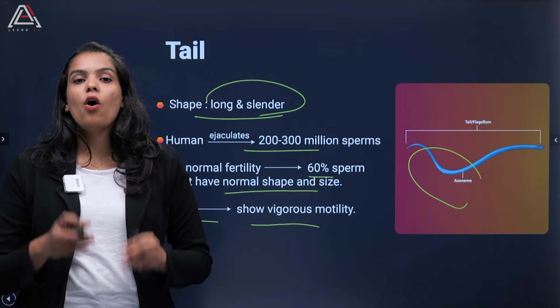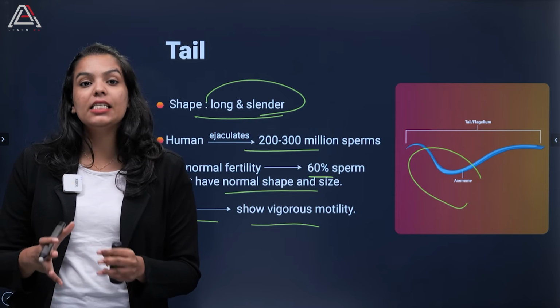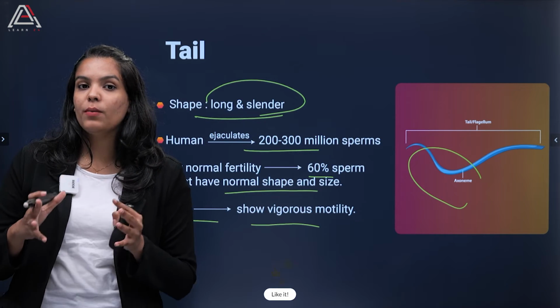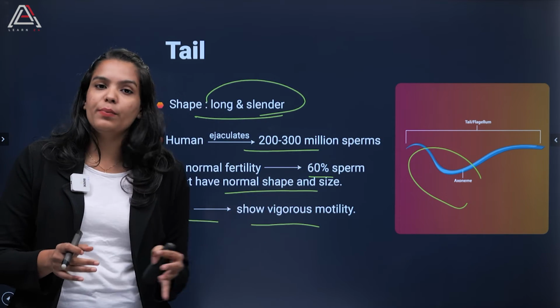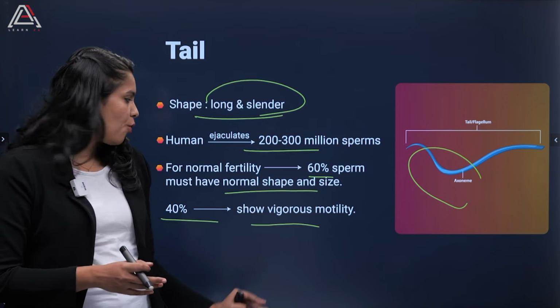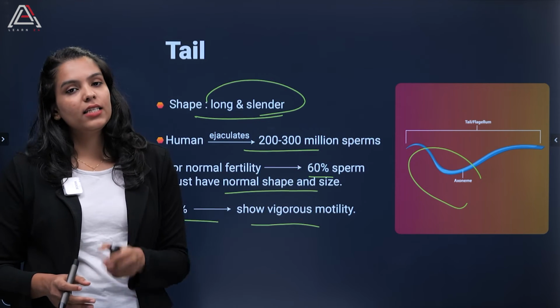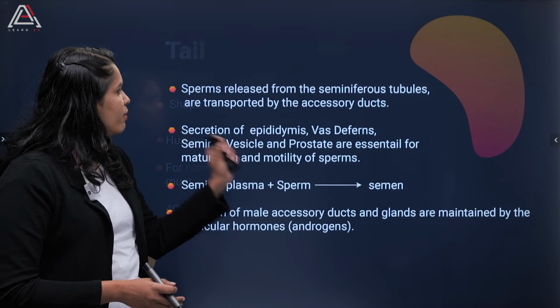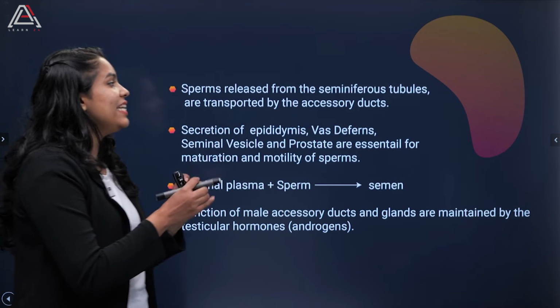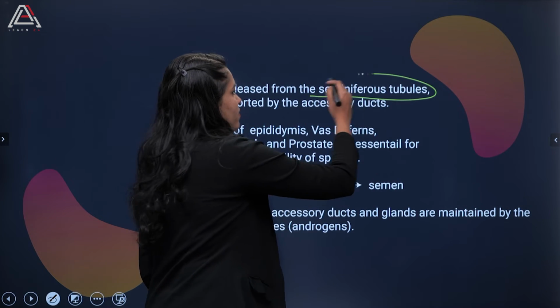Okay, so for normal fertility, 60% of them should have normal shape and size, and 40% of them should show vigorous motility.